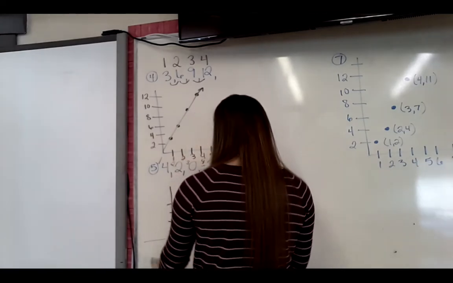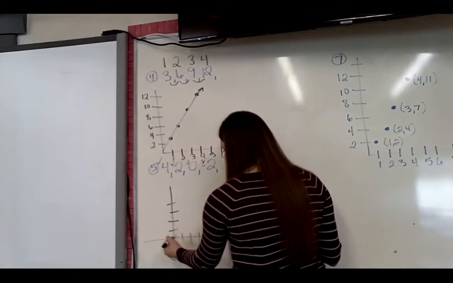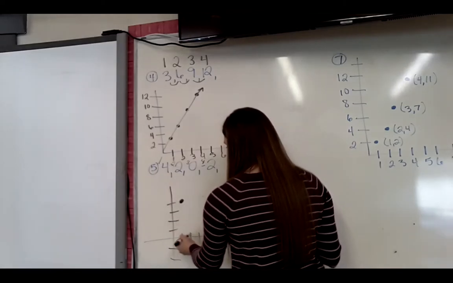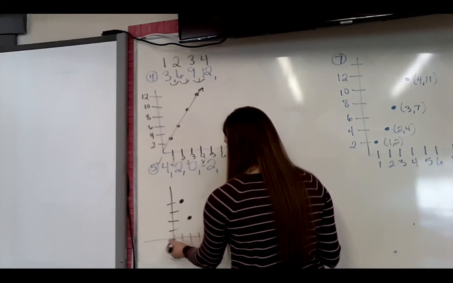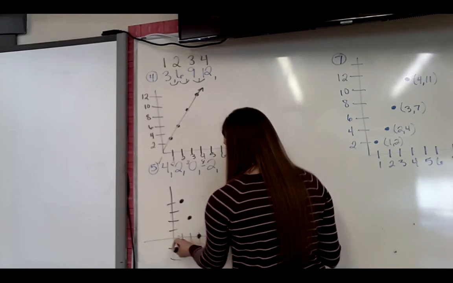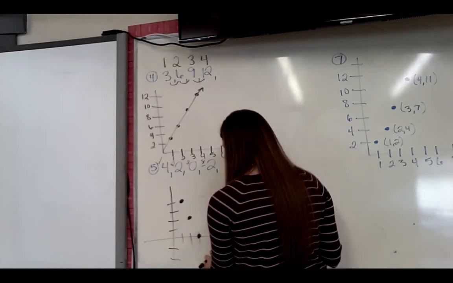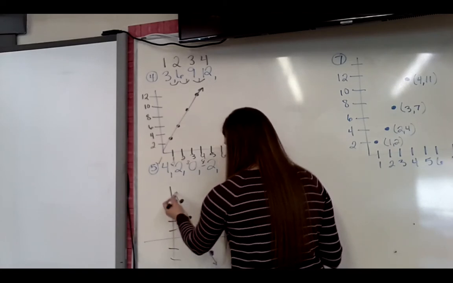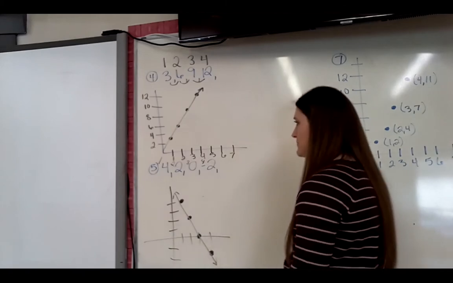I'm going to count my ones on this. So I have the point (1, 4), the point (2, 2), (3, 0), (4, negative 2). And again, we notice it makes a straight line.